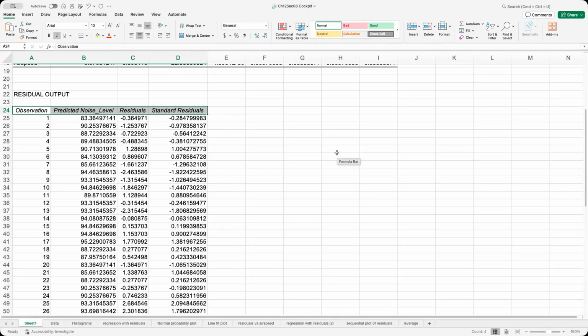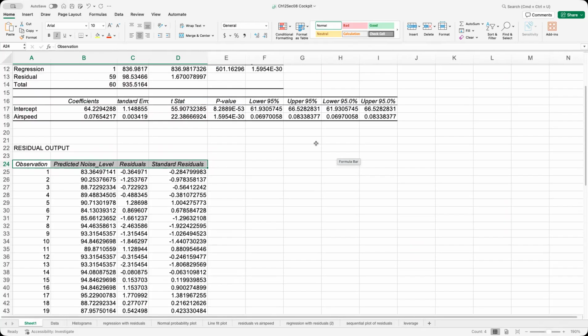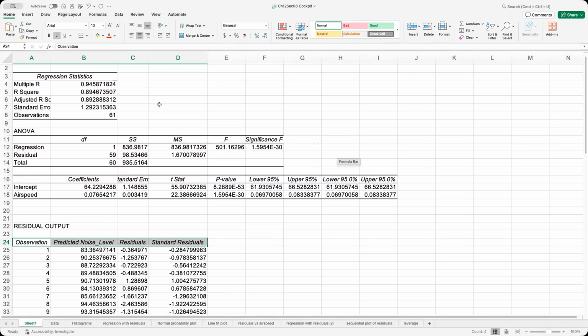Standard residual. Well, if I look back up a little higher, I will notice there is a standard error up here. That standard error, that's what I'm dividing by to create the standardized residuals.